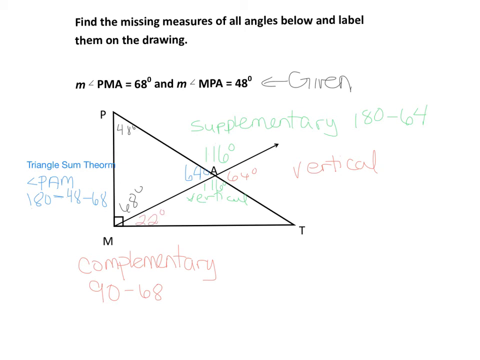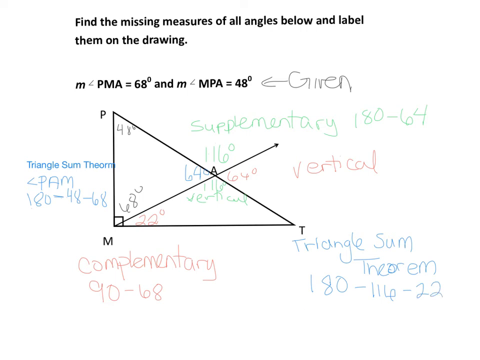And the final one is going to be angle T by the Triangle Sum Theorem. We know that all triangles total 180 degrees, so we would say 180 minus, we know that 116 is where the angle A is at, and we know that 22 degrees is where M is at for that bottom triangle.